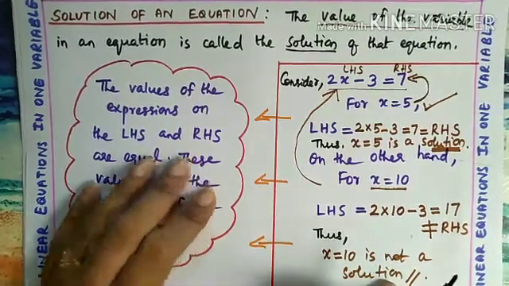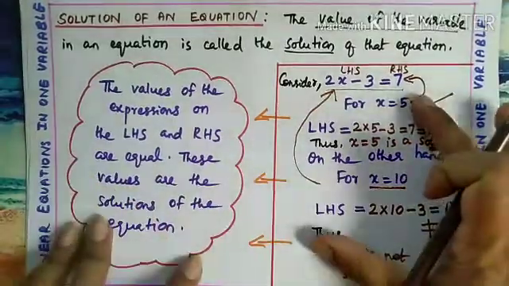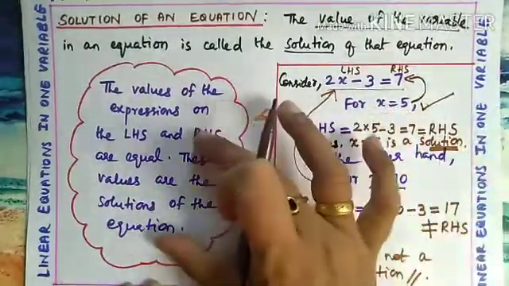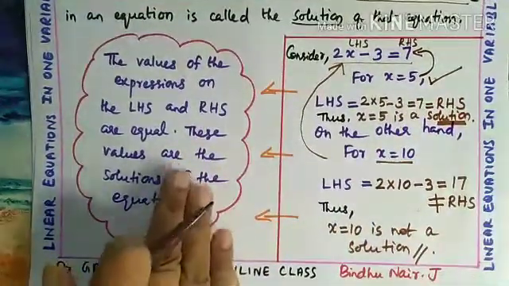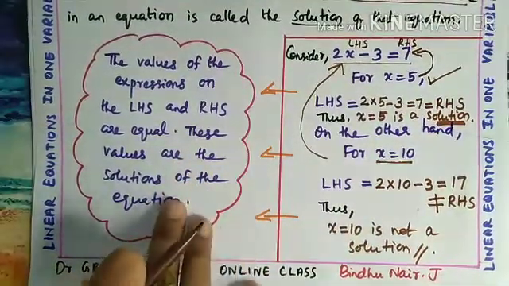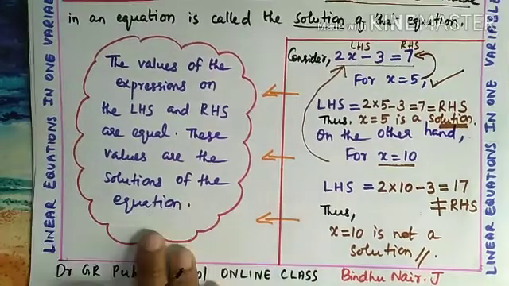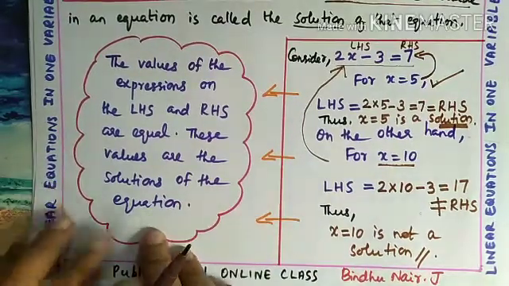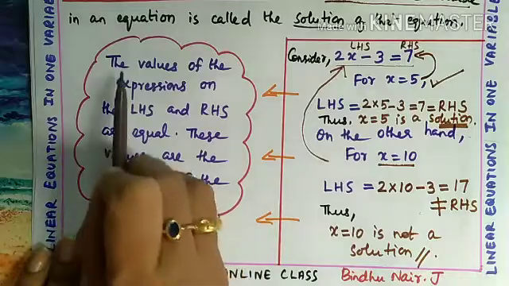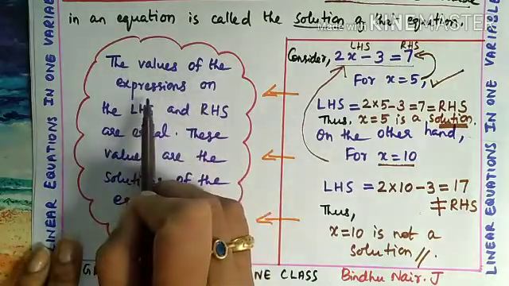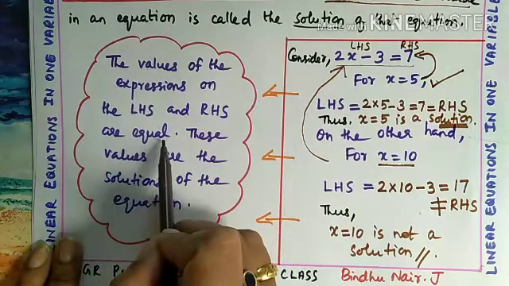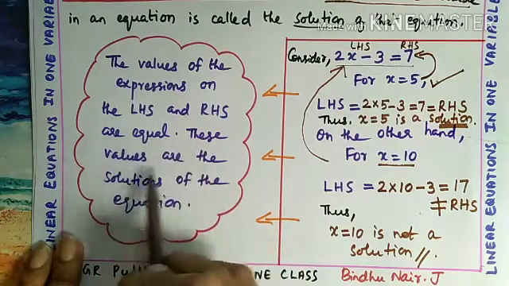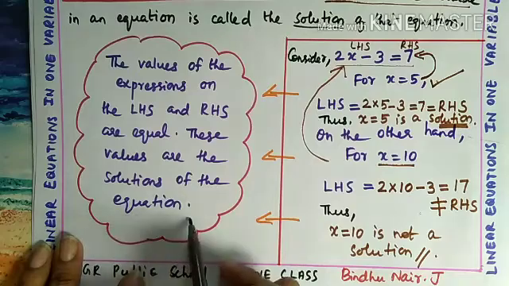Now this example gives us a result. All of you see this result. From this what are you understanding? The values of the expressions on the left hand side and right hand side are equal. These values are the solutions of the equation.